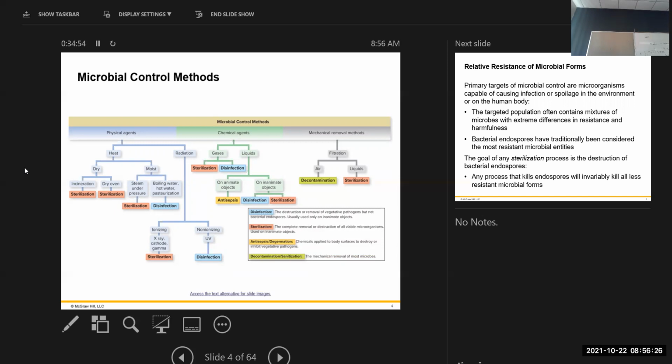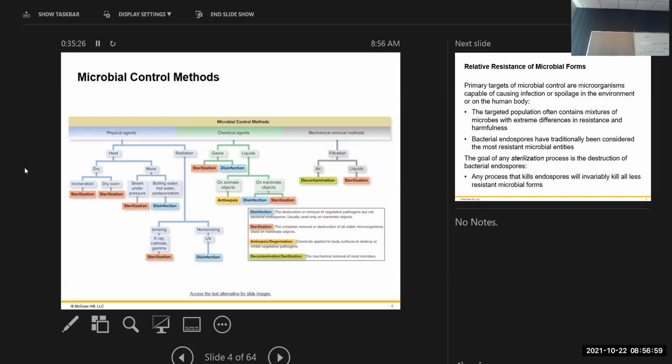So there are physical agents that will sterilize, chemical agents that will sterilize, mechanical filtration type liquid methods that will also sterilize. Disinfection is in the powder blue. Antisepsis, this is nice because it's the same color as the iodine solution. I think that's kind of cool. And then decontamination is over here in the ochre yellow that you see there.